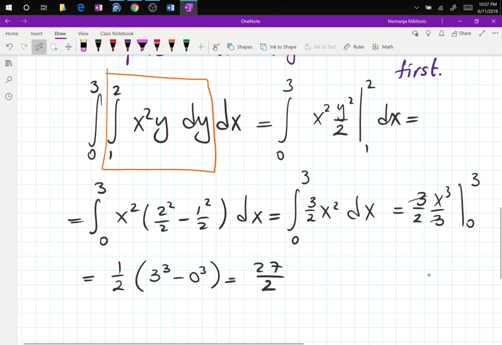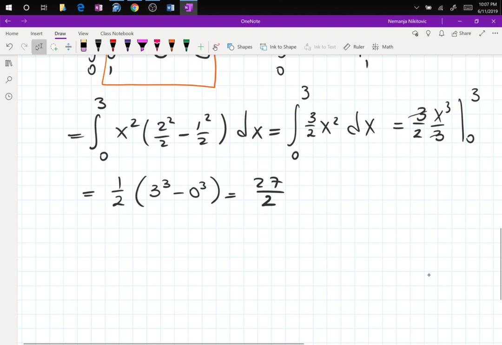Now, the greatest thing about a rectangular region is that you can interchange x and y. If you don't like dx dy order, you change it into dy dx order. And that's only available when your limits are numbers. We are moving on next class, but these guys are going to be functions, and you can't swap them. You can with pain, but not easily.